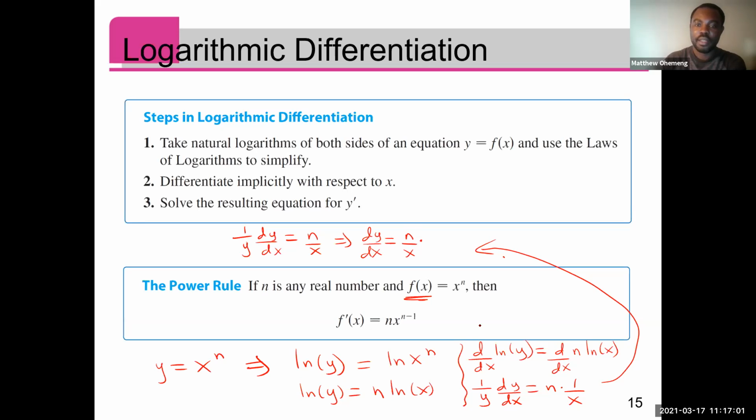But what is y? Put the y back in: y is x to the power n. So you get n over x times x to the power n, which is the same as n x to the power n minus 1. As you can see, the rules are all connected. No matter what you do, whether you're using logarithmic differentiation or anything else, you still get back to the same rules that we've established. Okay, please, any questions here?